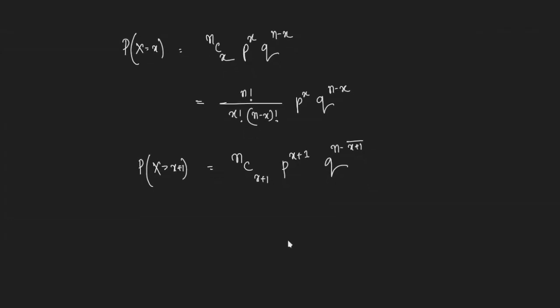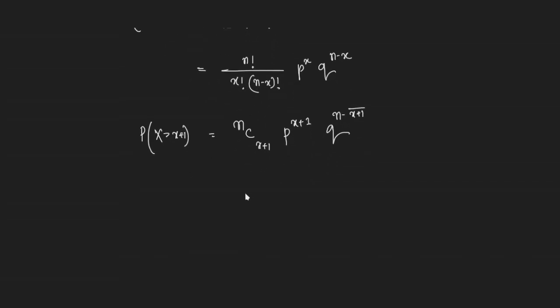So this can be written as n factorial over x plus 1 factorial n minus x minus 1 factorial, p to the power x plus 1 q to the power n minus x minus 1.